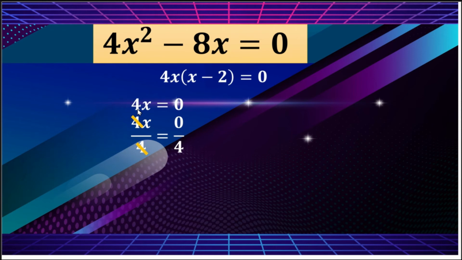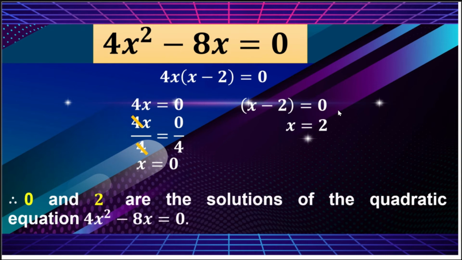And 0 divided by 4 is 0. And on the other side, since we're done with 4x, we'll proceed with x minus 2. Next, we are going to transpose negative 2 to the other side, and it becomes positive 2. Therefore, 0 and 2 are the solutions of the quadratic equation 4x squared minus 8x equals 0.